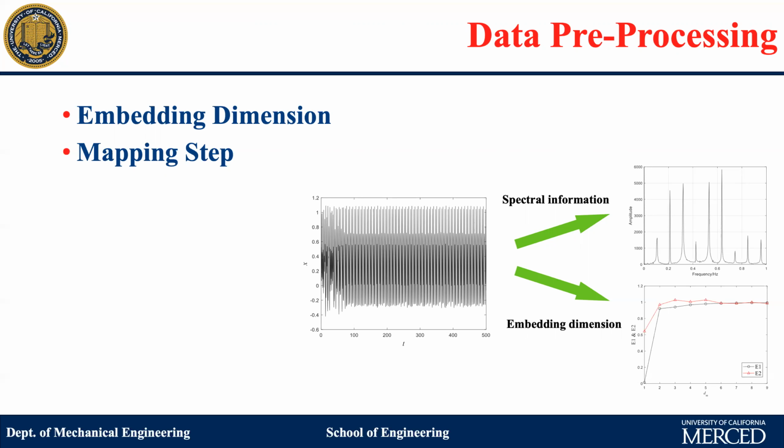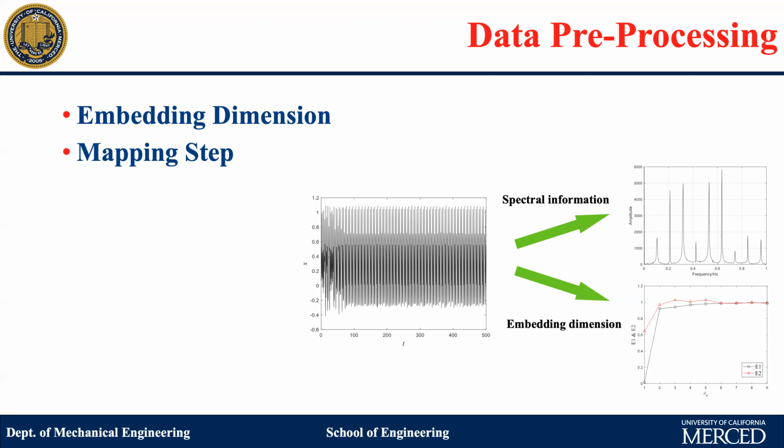And for the mapping step, we use the Fourier transform of the data, trying to discover whether the data is truly random, or is periodic, or periodic with some dominant frequency and so forth.